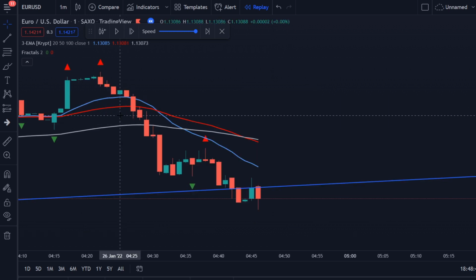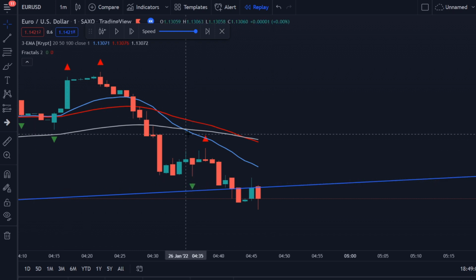Let me show you the scenario that I already mentioned, in which the price closes below the 100 exponential moving average in an uptrend. As you can see, we're in an uptrend, and then the price closes below the 100 exponential moving average. So even though we see over here a buy signal, we do not take the trade, right?